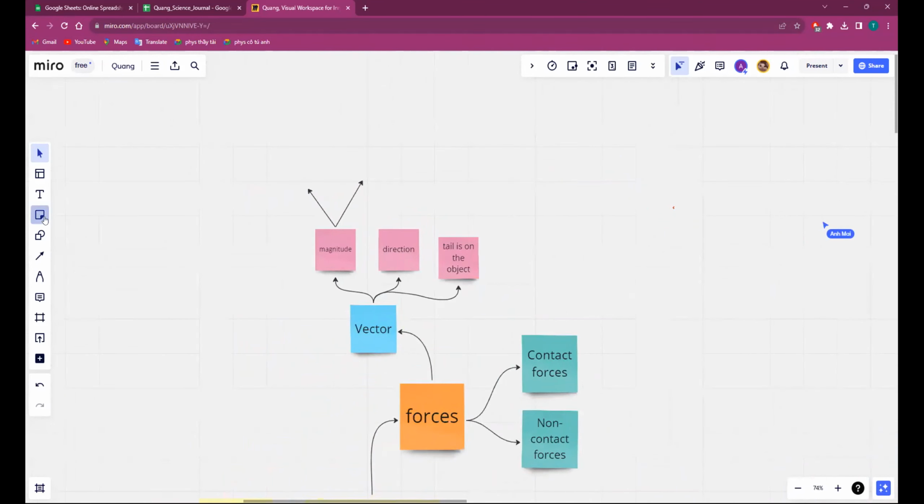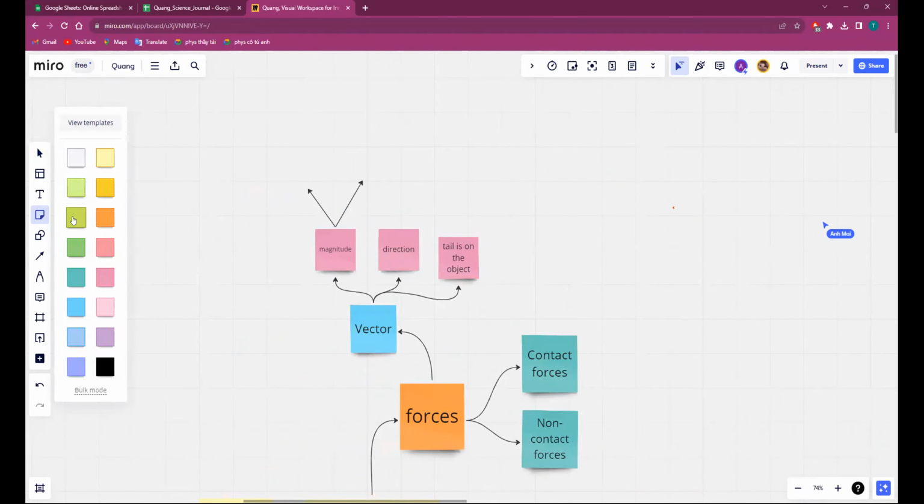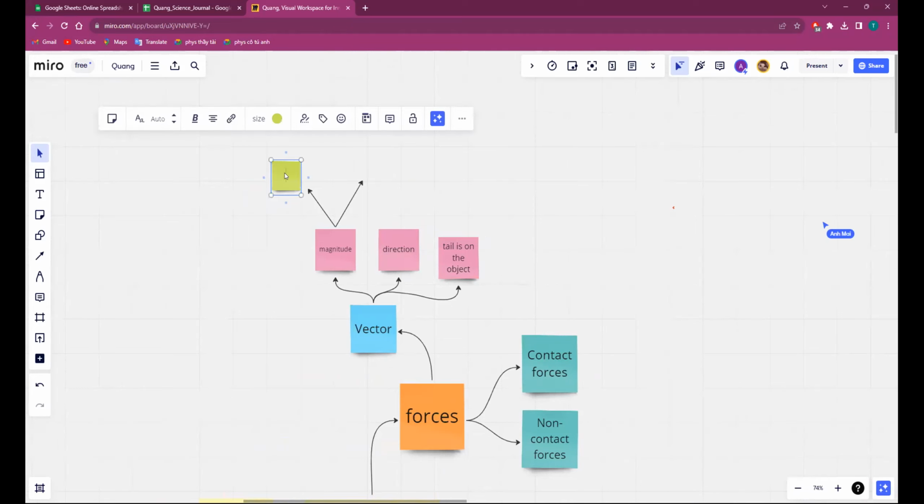It can be like this. Positive means going with the motion direction.